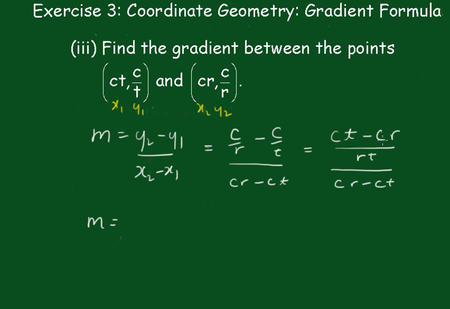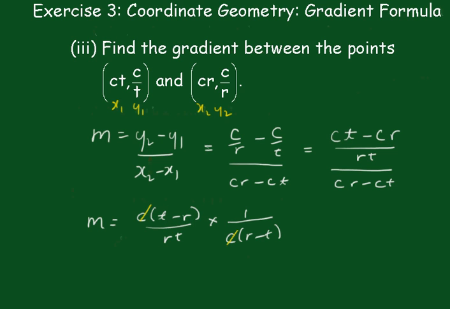Now taking out the common factor of C here, we get C outside of T minus R over RT. Now this will be times 1 over C outside of R minus T. You can see they're almost the same. We'll just cancel those C's. But if we change this around, we'll take the minus sign at the front, then they'll cancel.